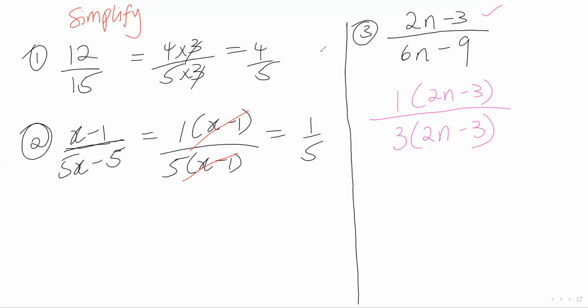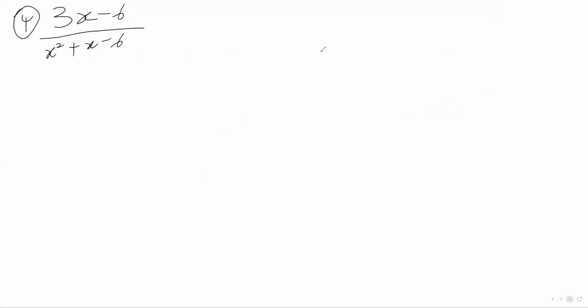Okay, so over here, this cancels out, and we are left with 1 divided by 3. So question number 3, when you simplify, your final answer should be 1 divided by 3. Now, when it comes to simplifying rational expressions, you must always be on your A game when it comes to factorization. So you must remember your factorization.